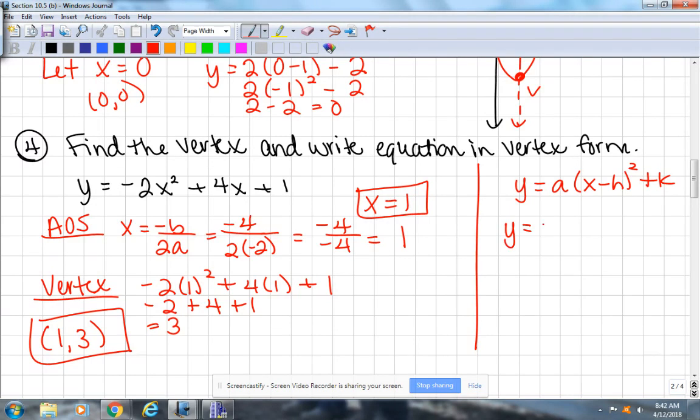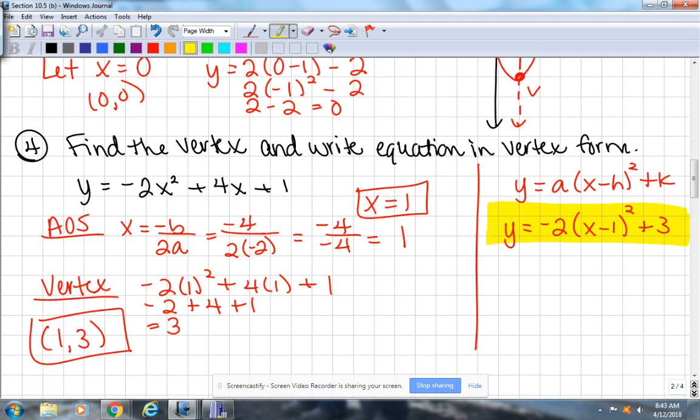So -2 will still be my a term. And then x, and then I change my sign of my x value of the vertex. So do I put +1 or -1 in parentheses? What's the opposite of 1? Yeah. So I say x minus 1 squared, and then keep the k, the same thing as your y. So I put what at the end? +3. There's my vertex form.